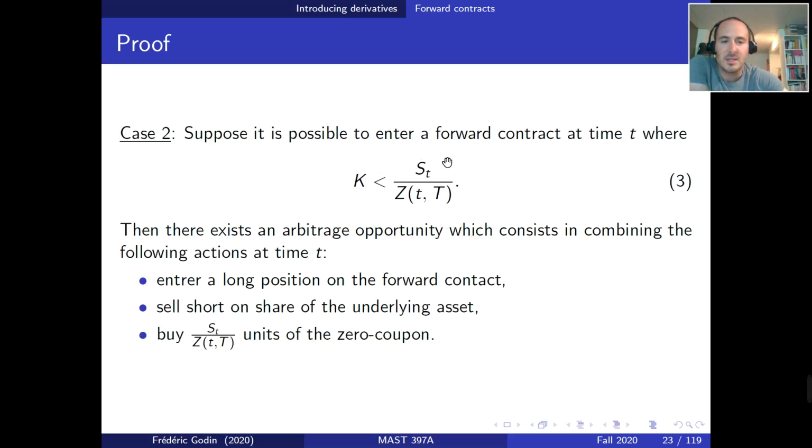Then let's consider the following portfolio, which consists in combining the following positions. Enter a long position on the forward contract at time small t, sell short 1 share of the underlying asset at time small t, and then buy S_t divided by Z units of zero coupons at price small t, at time small t.